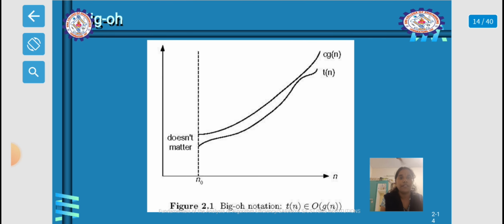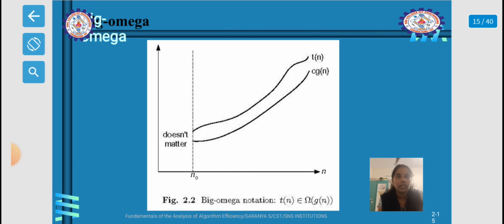It is shown graphically. It does not matter, O of g of n and t of n. It is the time value of big omega notation. T of n belongs to O of g of n. Big omega is T of n belongs to omega of g of n.